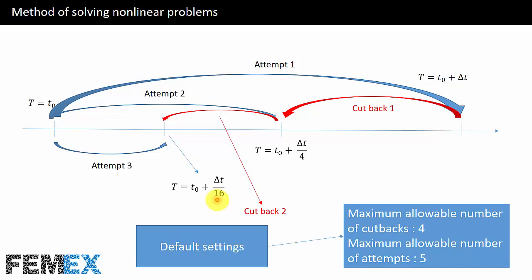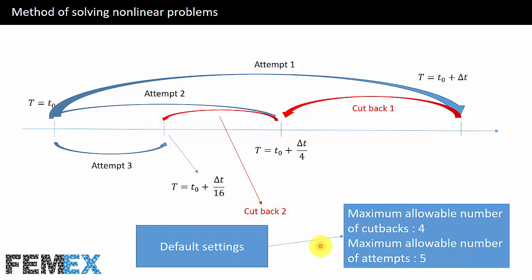If Abaqus finds the converged solution, the I+1 increment will be started. But if it doesn't find the converged solution, the third cutback will be done, and then the fourth attempt will be started.